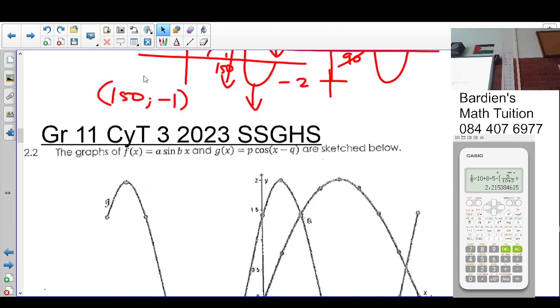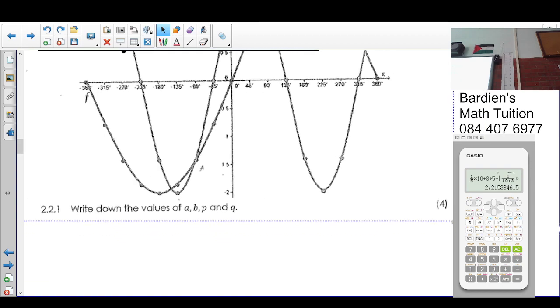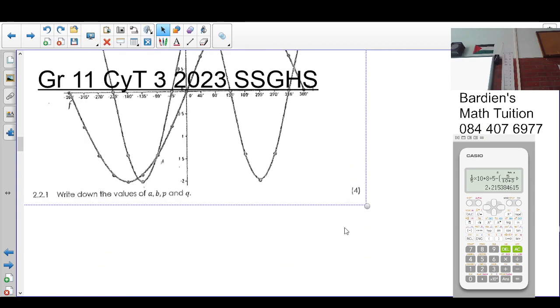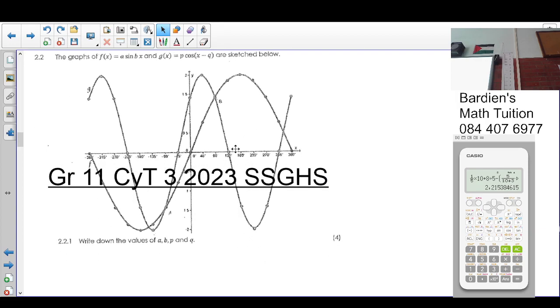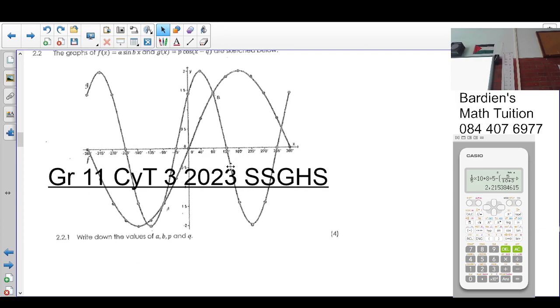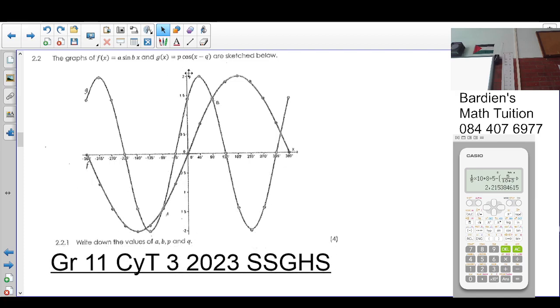Okay. Let's look at 2.2. In 2.2, we have more than one graph on the same axis. The graph of f of x is equal to a sine bx, and g of x is equal to p cos x minus q, are sketched below.